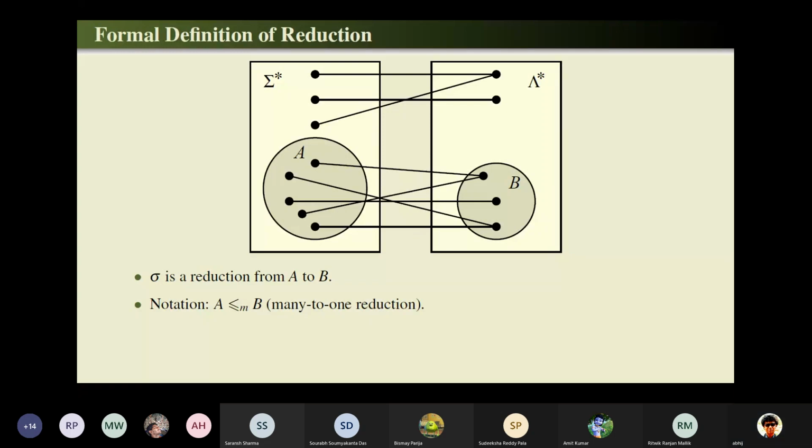But A can be solved by other methods. So this less than or equal to sign essentially says that the problem A is no more difficult than B. Because if I can solve B, I can solve A. Happy?